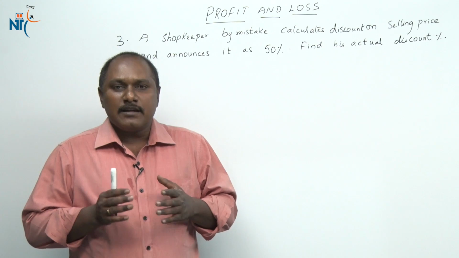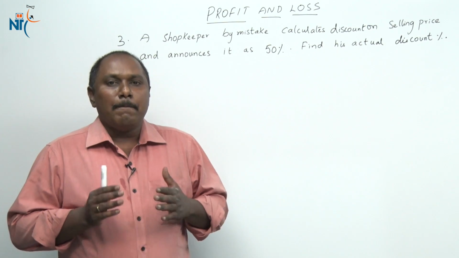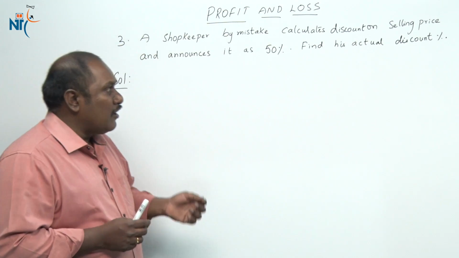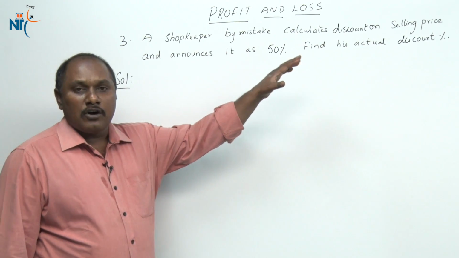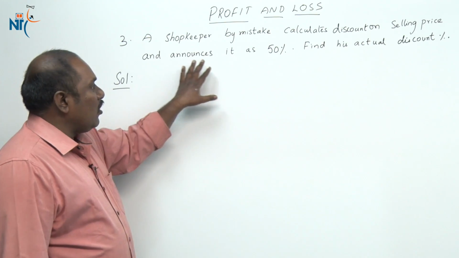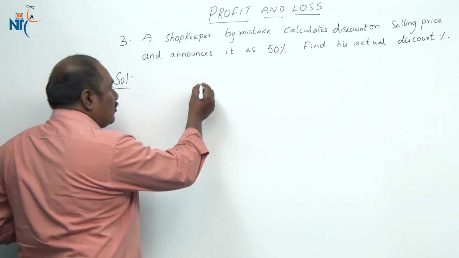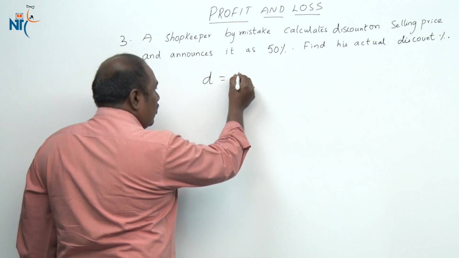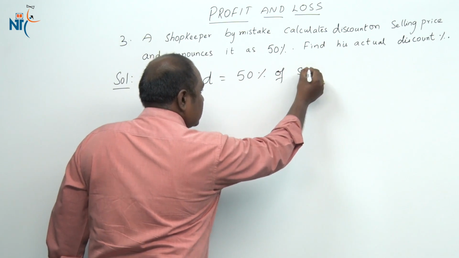Obviously it is a mistake because discount is always calculated on marked price. But here, instead of calculating on marked price, the shopkeeper calculates the discount on selling price and announces it as 50%. It means that according to the shopkeeper, his discount is 50% of selling price.